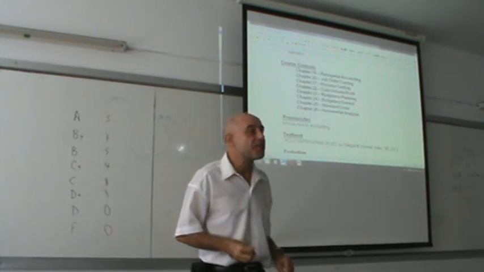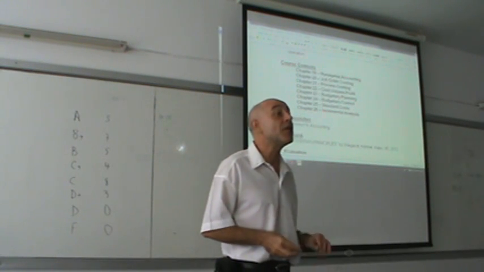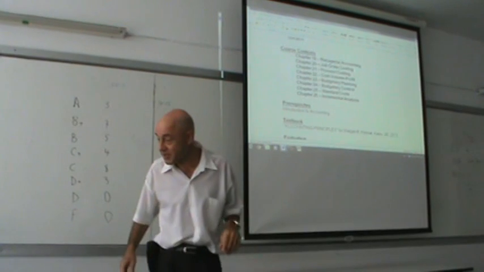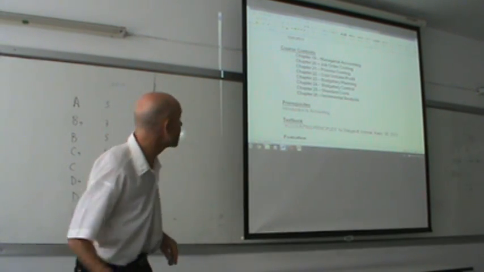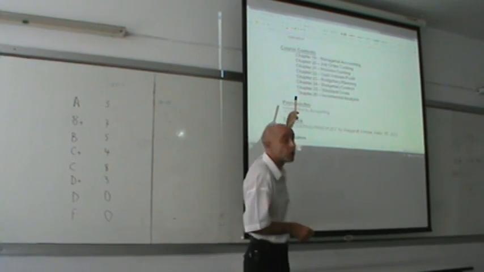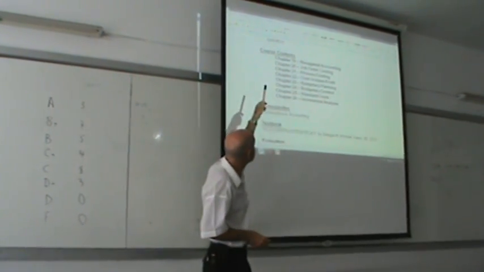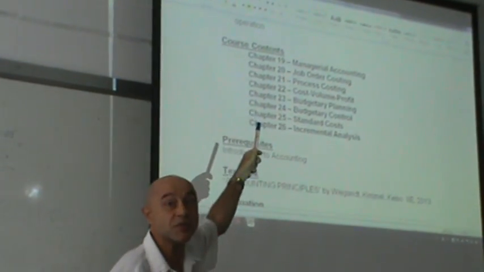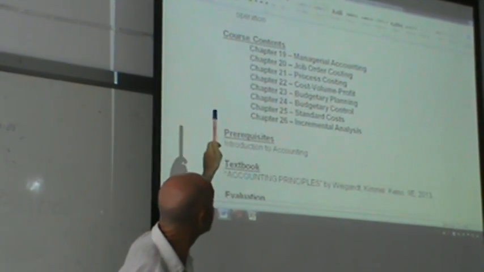All right, so we begin now a short course in managerial economics. As I was explaining a little earlier, we'll try to cover the following 8 chapters. Chapter 19, Managerial Accounting. 20, Job Order Costing.